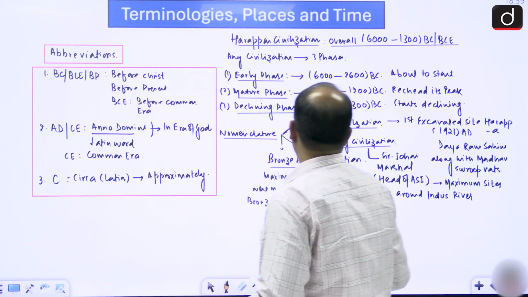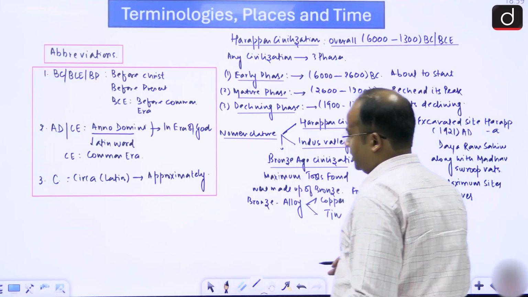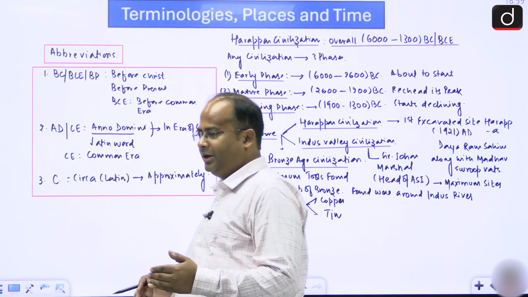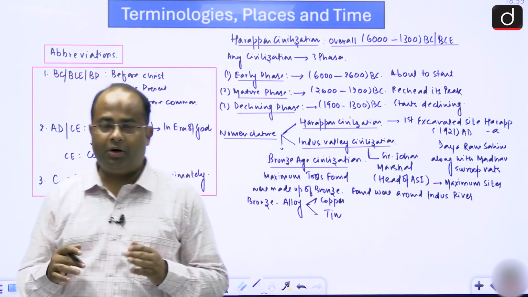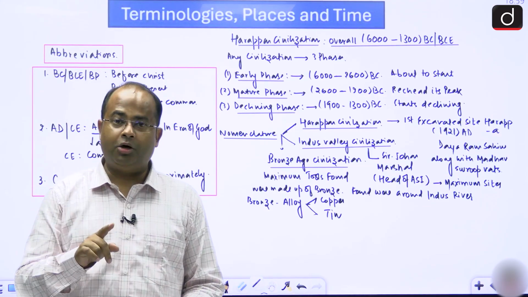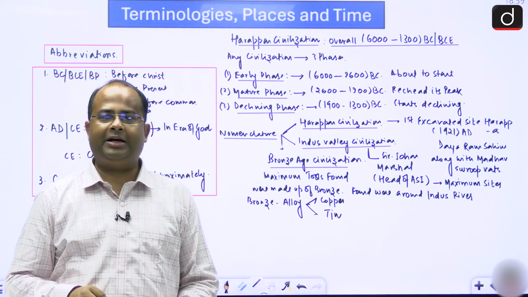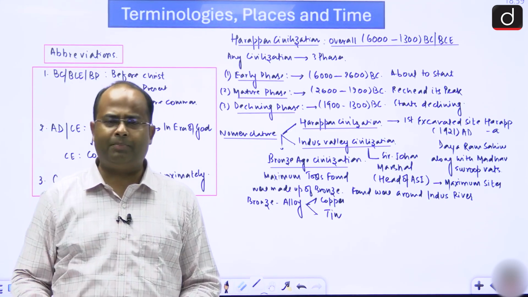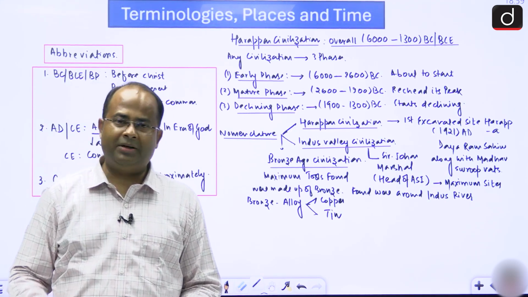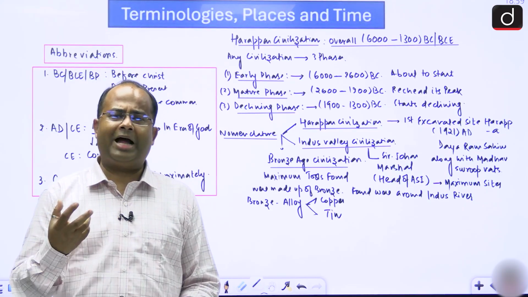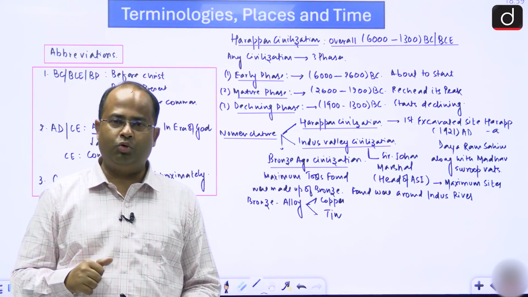The most appropriate name is Harappan Civilization. The reason is that it is the rule in archaeology that the name of the civilization is kept on the name of the first excavated site, and the first excavated site of this civilization was Harappa. Therefore, it is called Harappan Civilization. So it's the most appropriate name according to the rule in archaeology.